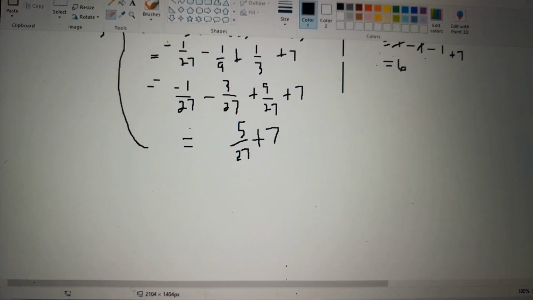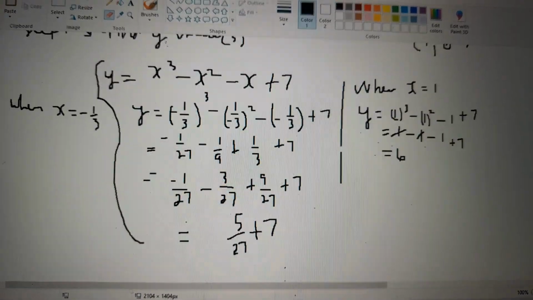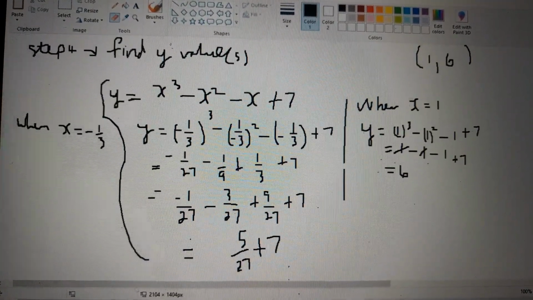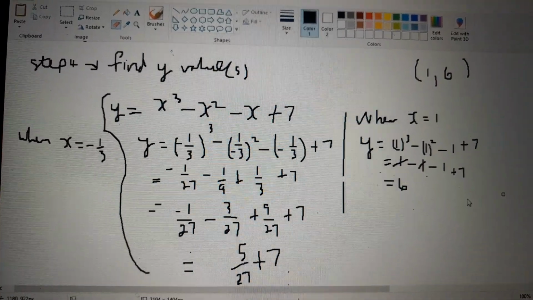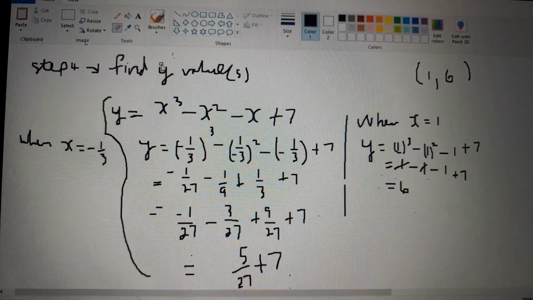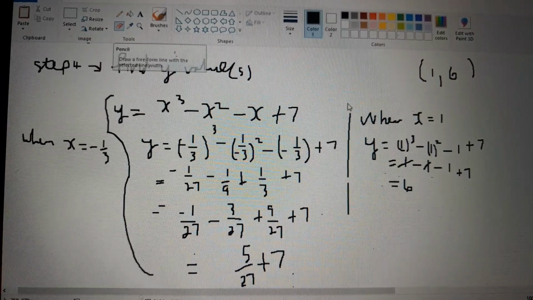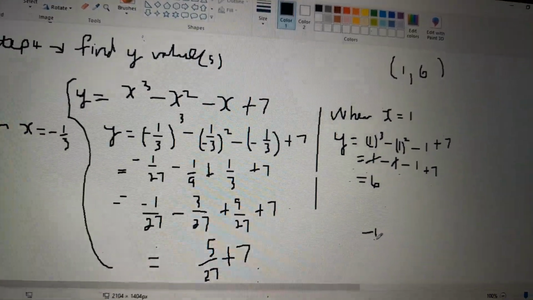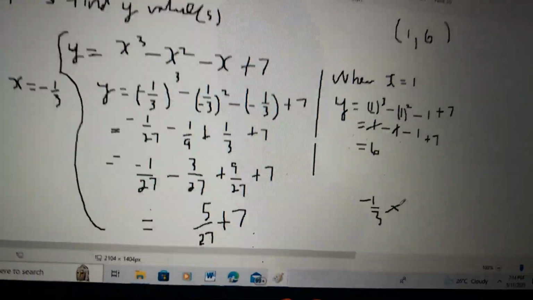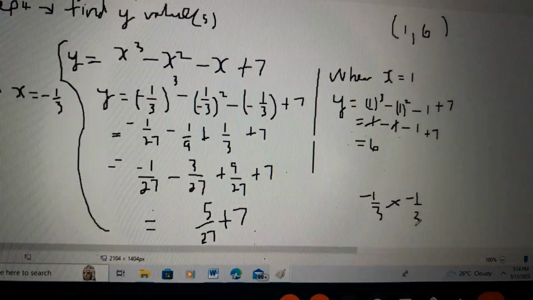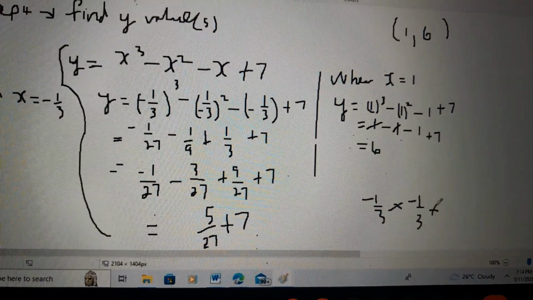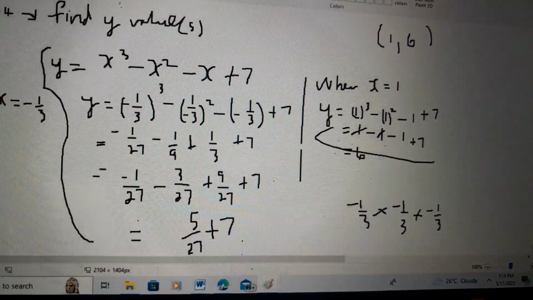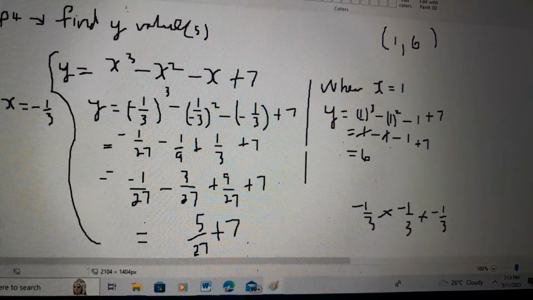I'm going through it now, sir, because you multiply the cube by the whole fraction. Remember, negative 1 cube is just negative 1 times negative 1/3 times negative 1/3 times negative 1/3. Yeah, I just replaced the cube. Oh, I understand.